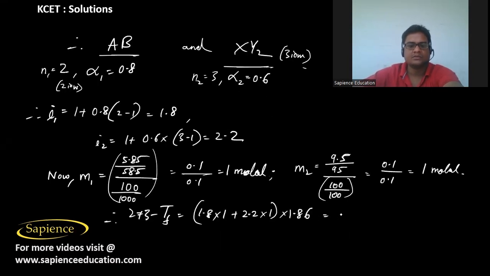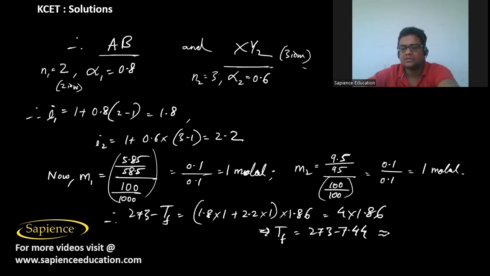So that will be equal to 1.8 plus 2.2, that is equals to 4 into 1.86. So therefore TF will be equal to 273 minus 4 into 1.86. So 4 8s are 32, 4 into 1.86, that is 7.44.